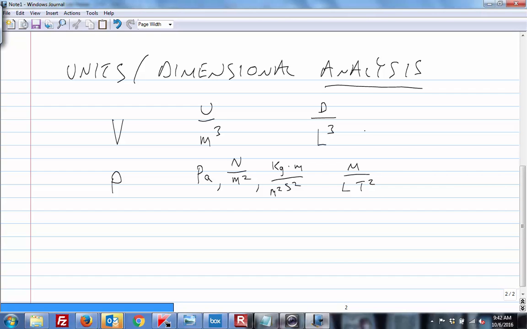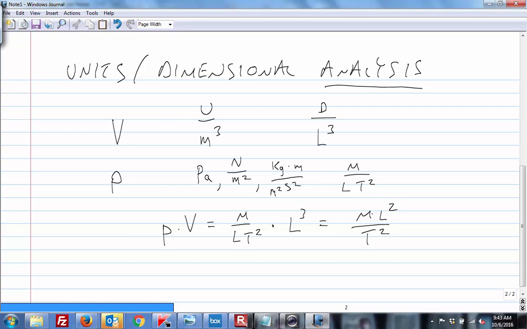Now, what happens when we multiply volume times pressure? Let's see what happens. So pressure times volume, and we'll just do the dimensions. So we've got mass over length over time squared times length cubed equals mass length squared over time squared.